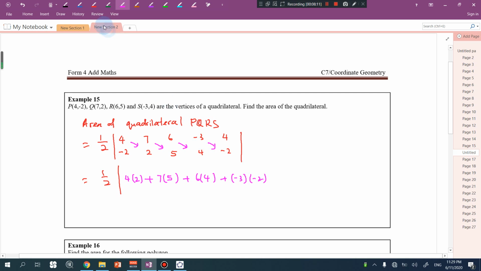Okay, now we go another way, minus 7 times negative 2. Okay, always be more careful when you have a negative, minus 6 times 2 minus negative 3 times 5 minus 4 times 4. Okay.